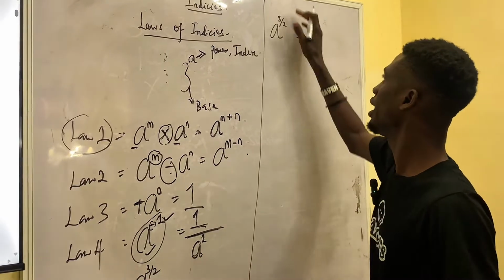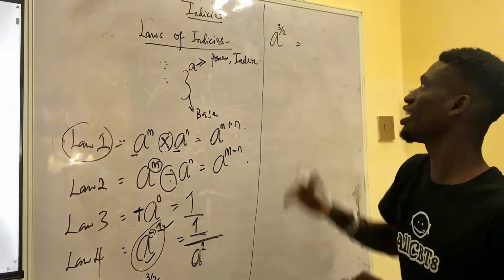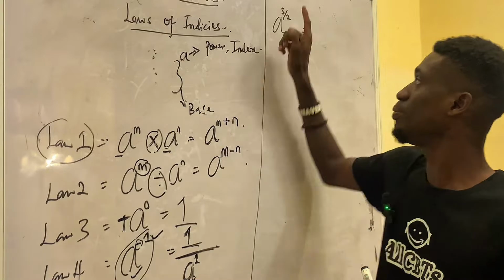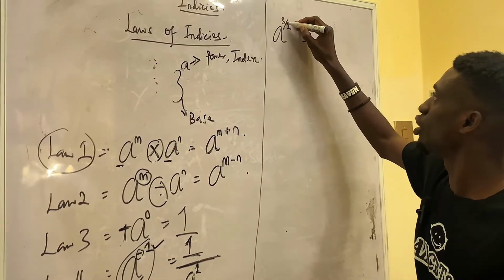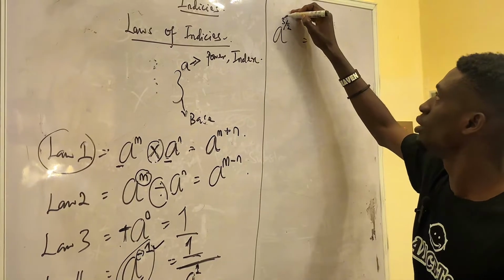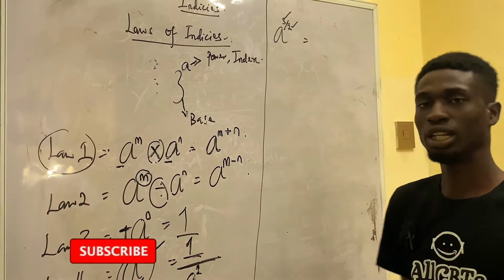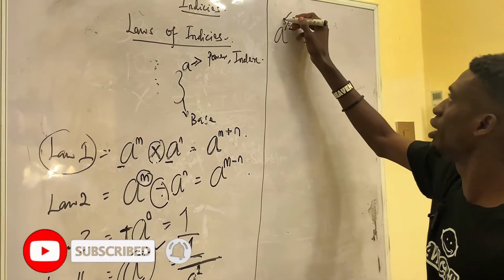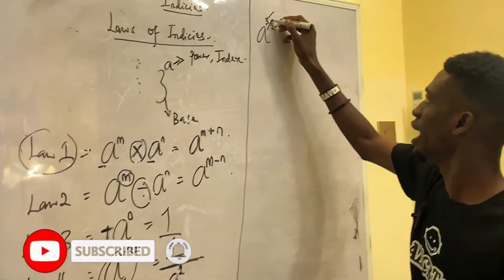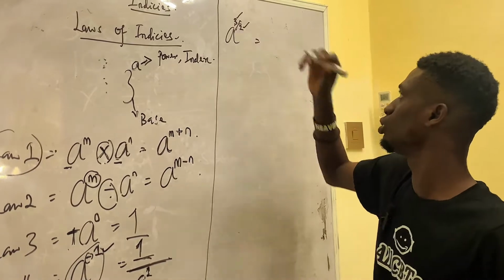Now there is a base with a fractional part. The first thing you have to do is identify your numerator and the denominator according to the idea of fraction. Now your numerator is 3, then your denominator is 2.